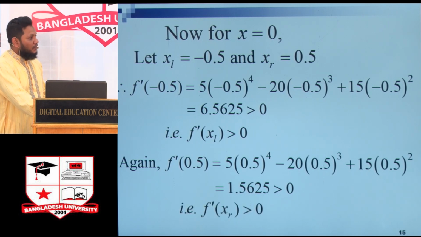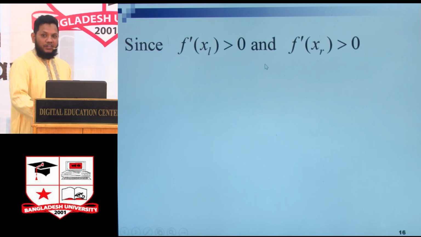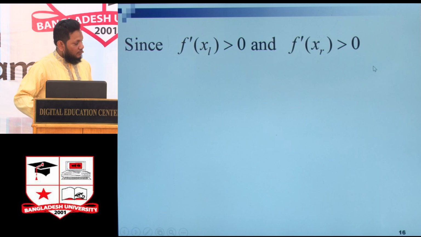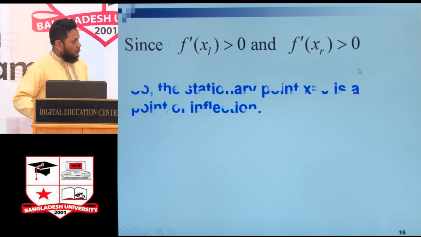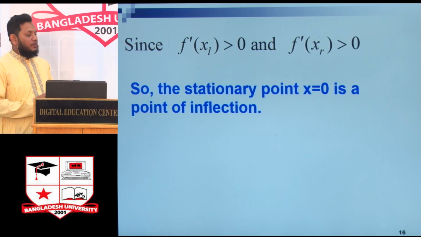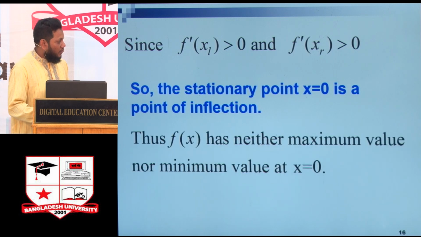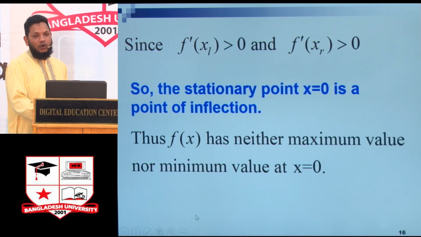So we can say when f prime xl is positive and f prime xr is positive, the stationary point x equal to 0 is a point of inflection, and at this point f of x has neither a maximum value nor a minimum value at x equals 0.